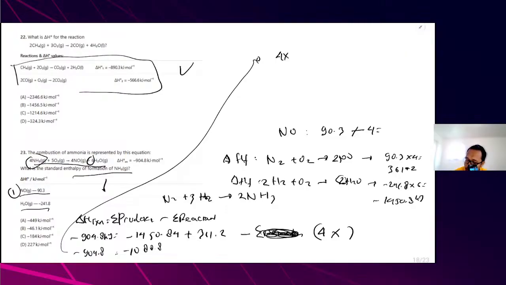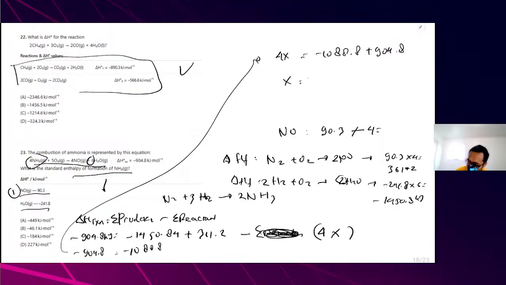This is minus, so 4x will be 904.8 divided by 4.